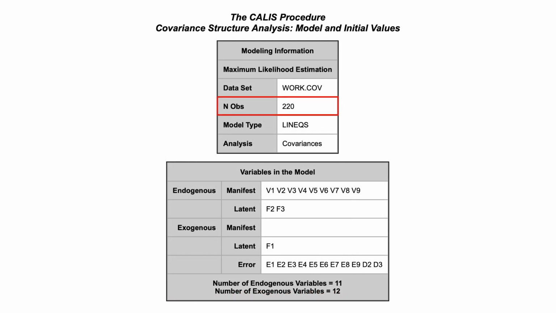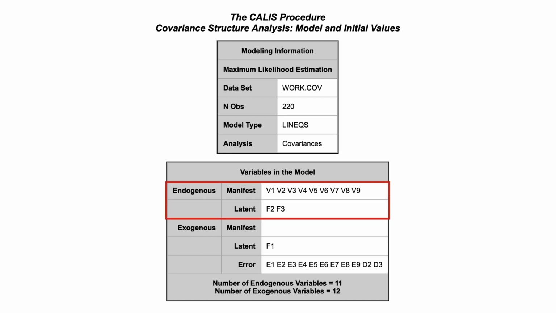Looking at the modeling information table, we see that we have 220 observations, and that matches what we should have. We are using the LinEQS programming style, and we are analyzing the covariance matrix.